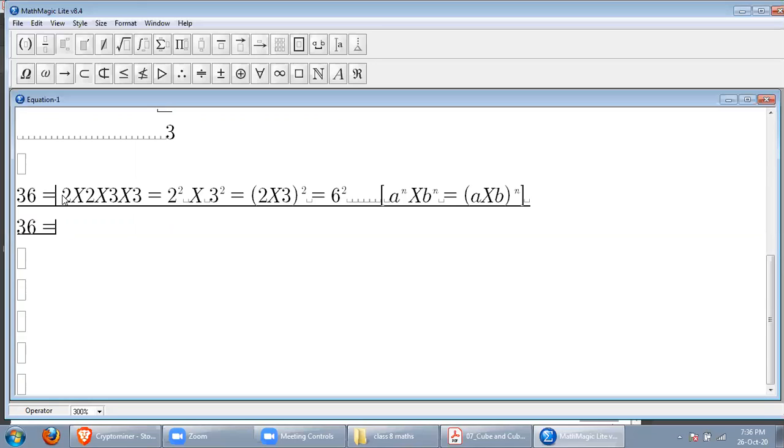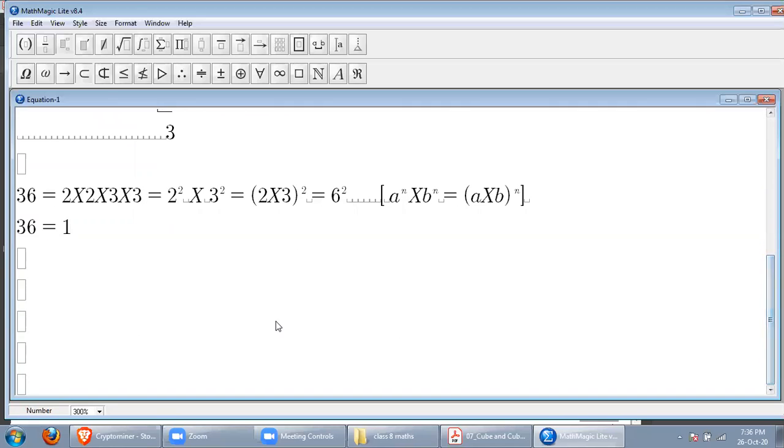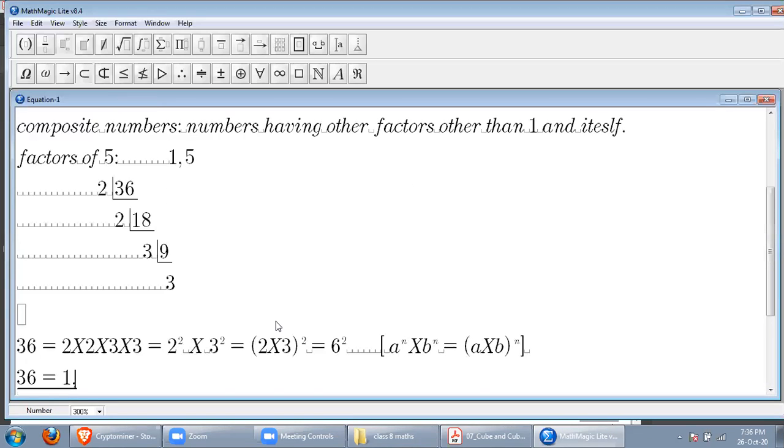In the beginning, you write 1 because 1 will exactly divide every number. And you write 36 because the number itself will exactly divide itself with quotient 1 and remainder 0.